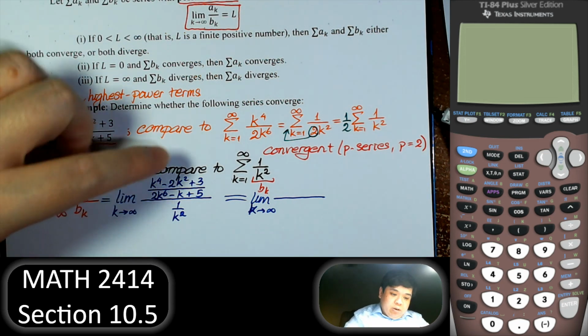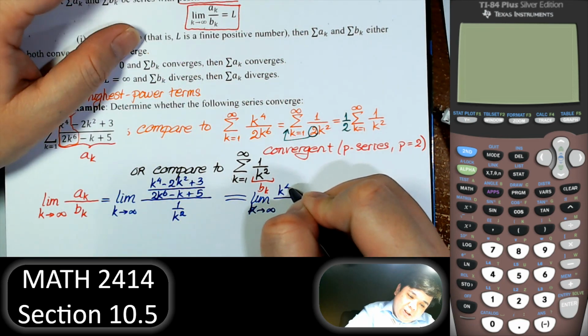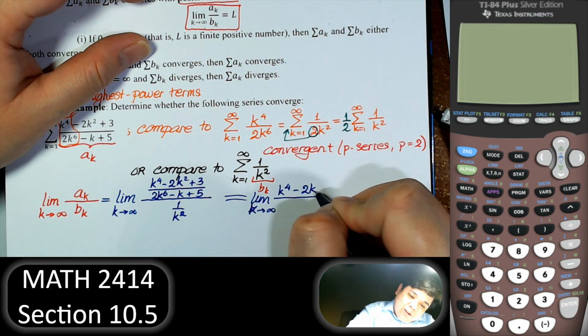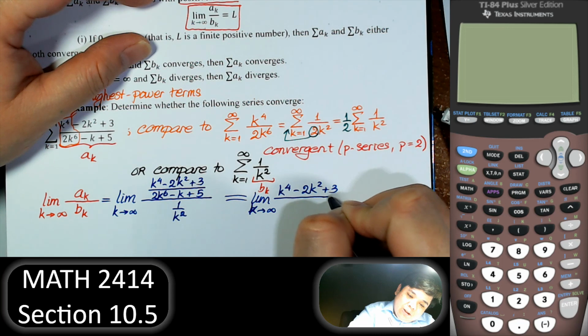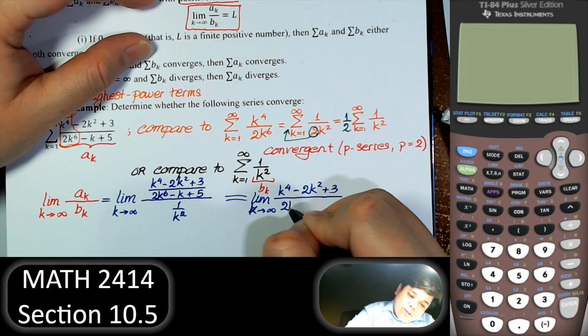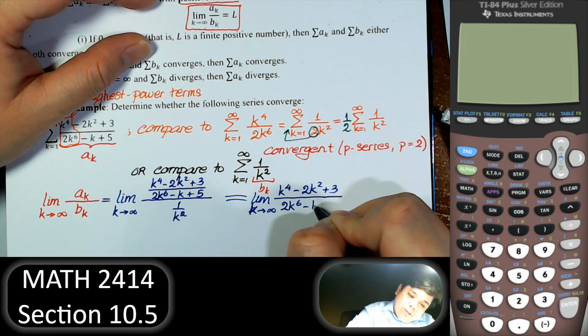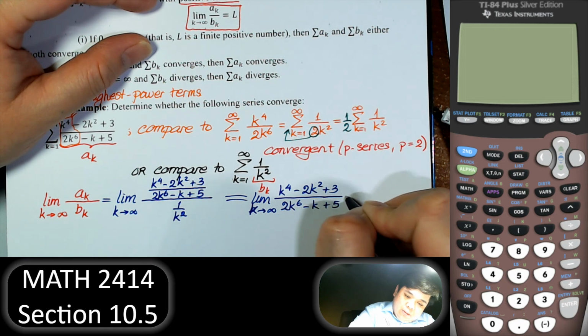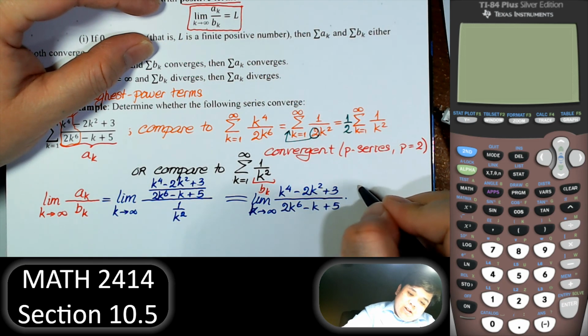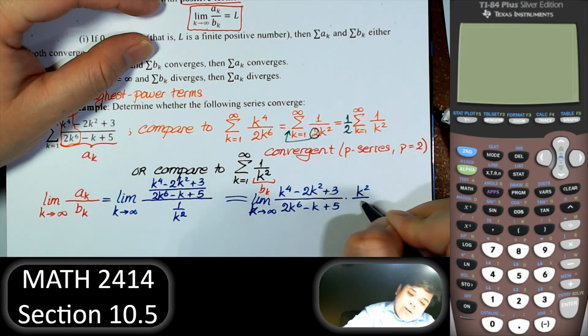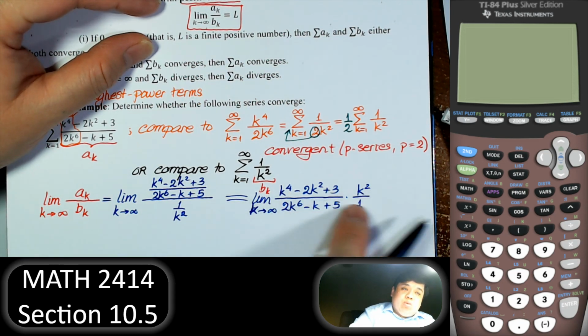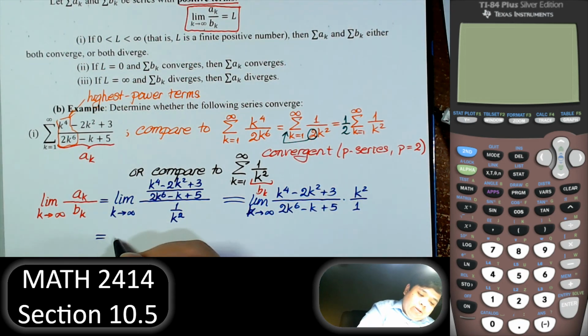Multiply by the reciprocal. We want to flip that and multiply straight across.